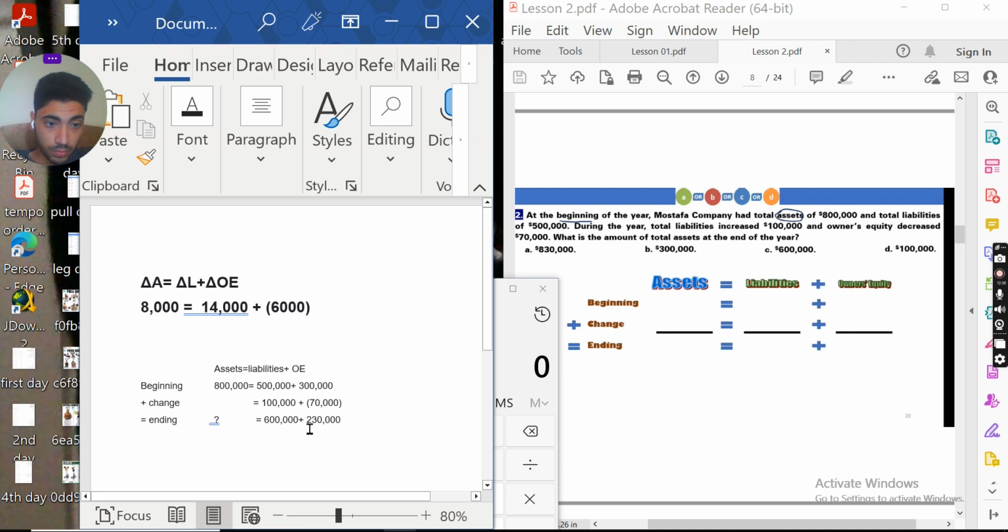So what do we have here? 100,000 plus or minus 70,000 will be 30. So 800,000 plus 30,000 would be 830.